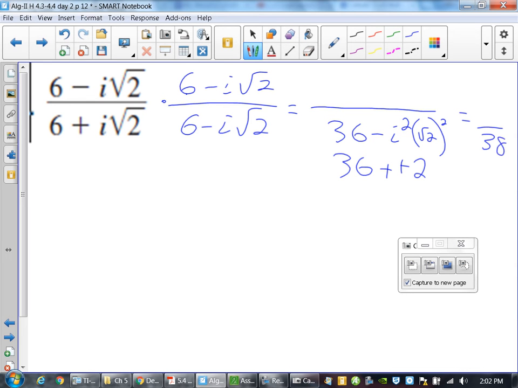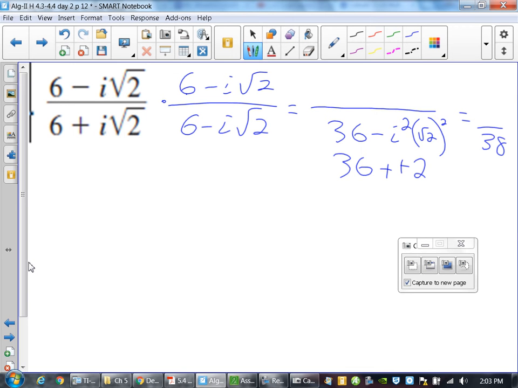You have to break apart the i and the square root, because you're multiplying these two together. This is the same thing as if you had 3x quantity squared. That means it's 3x times 3x, so you get 9x squared. It works the same way with radicals as well.